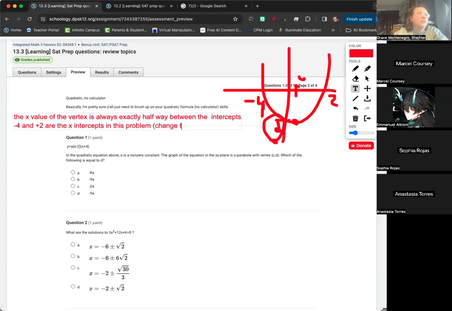I got that by changing the signs. Right? The equation had x -2. We changed that to +2, and that's our x-intercept.